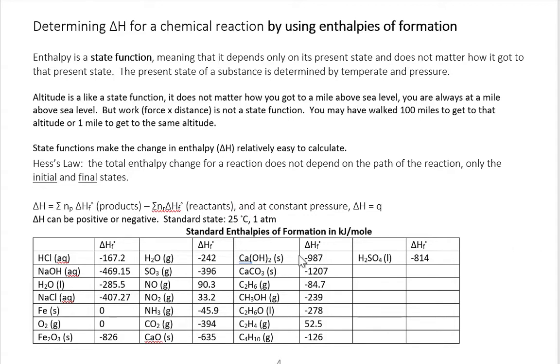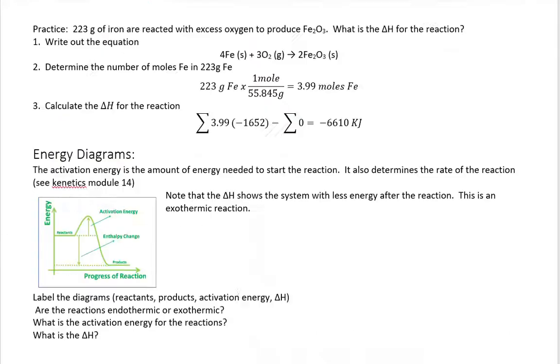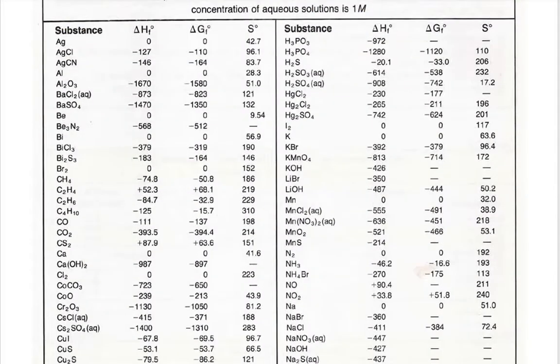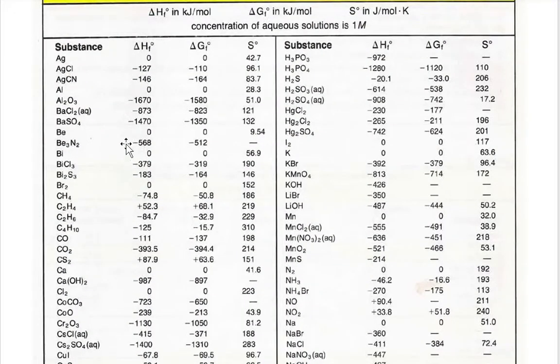So here is a list of enthalpies of formation for certain compounds, and I'll show you a chart. Well, let me just scroll to that all the way to the bottom. Usually when you see these charts, they don't just have the enthalpies of formation on them, but they have the change in Gibbs free energy as well as the entropies, so you can look up on one chart all the data that you need.